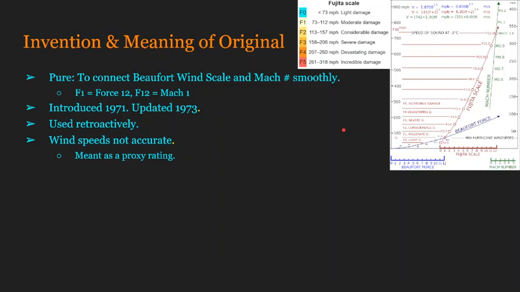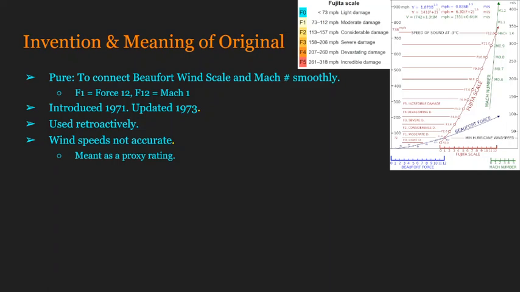The Fujita scale here was introduced in 1971 by Dr. Theodore Fujita and Dr. Pearson, formally adopted in 1972 and was updated in 1973 to account for tornado track length and width. There are things called Fujita miles, actually, which is something that I didn't know about until relatively recently.